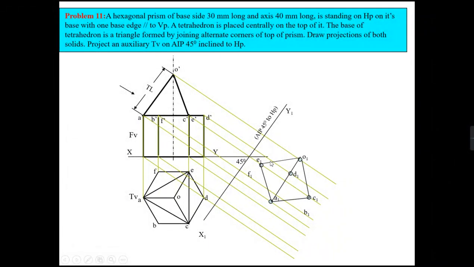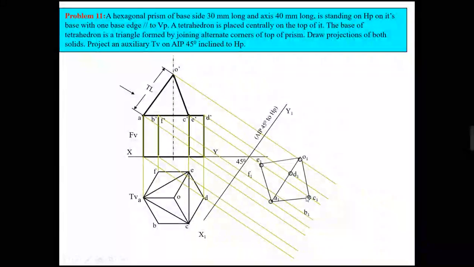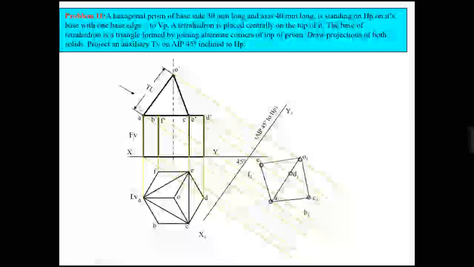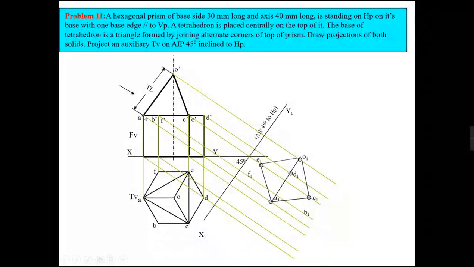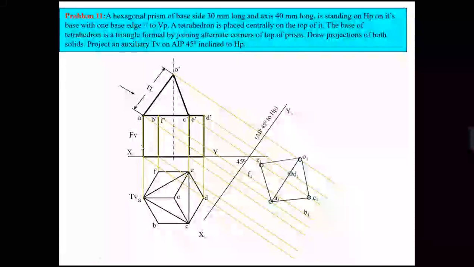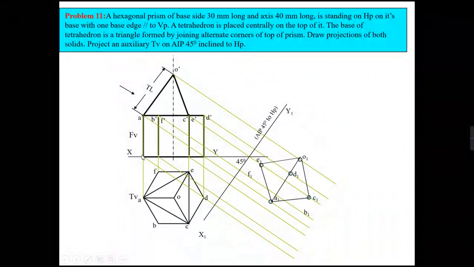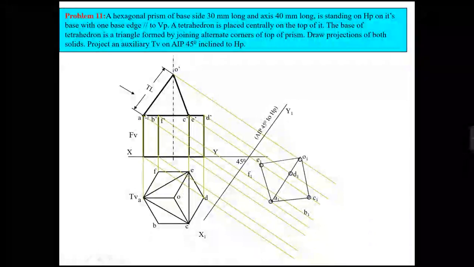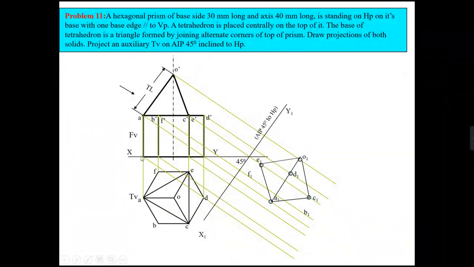All these will be made with a continuous HB pencil line. Then if you see the prism, you will be able to see this edge, that is A1, and the faces connecting to this edge are AB21 and AF61.